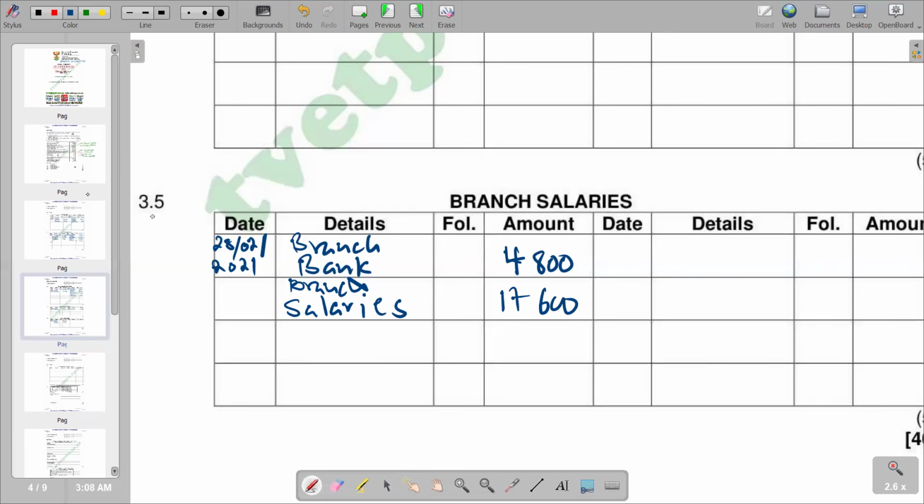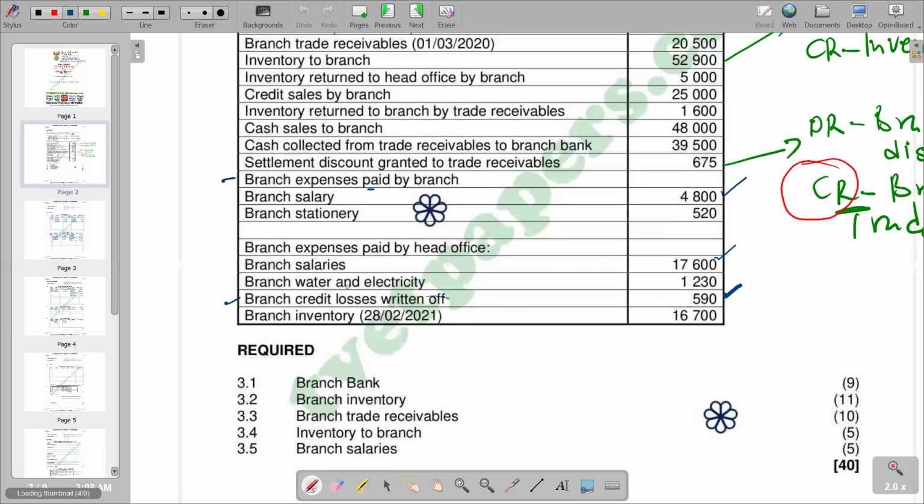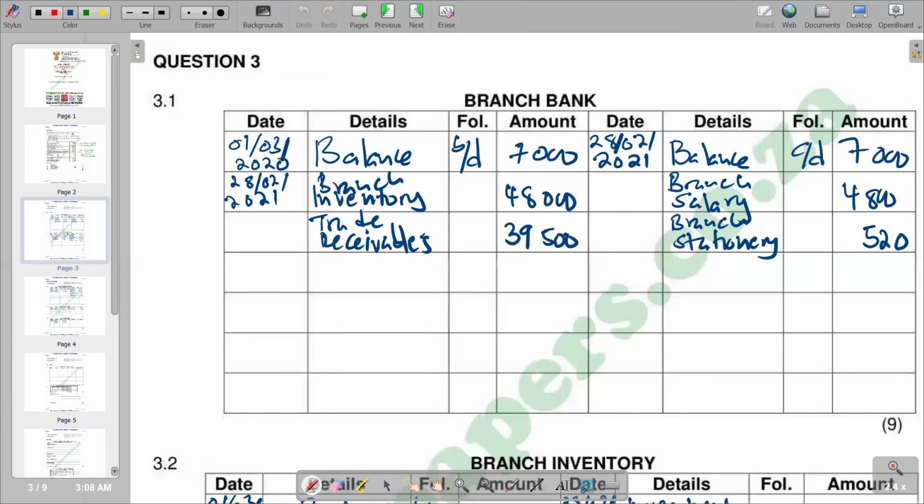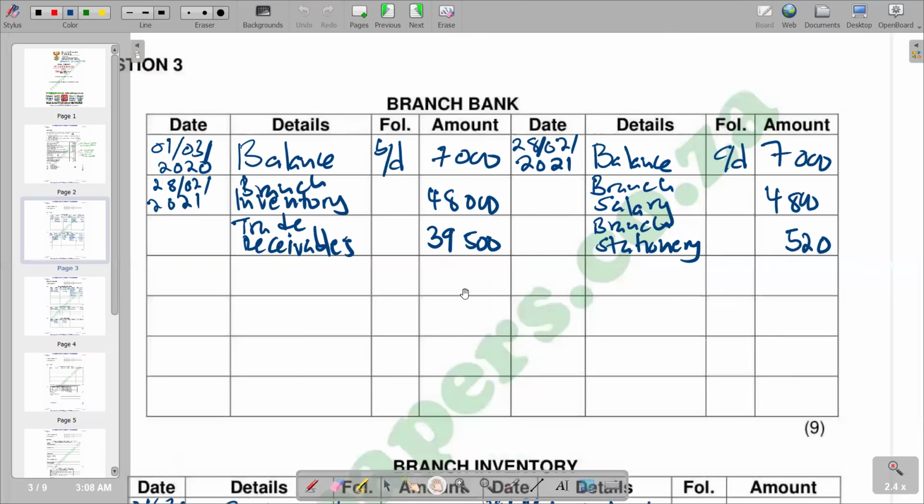So we can also try to check if you've got any other amount, to see that we've exhausted everything. So we need to balance our accounts starting from the first one, which is our branch bank account. So we are here. From there, we can just leave a space and put our double lines.